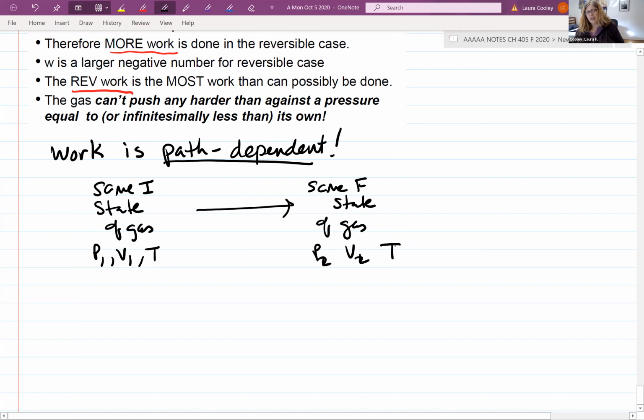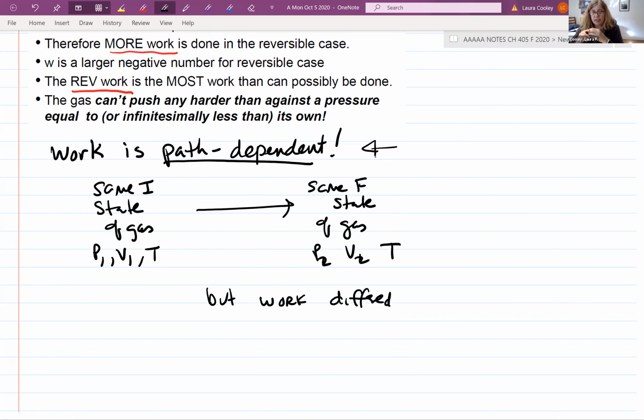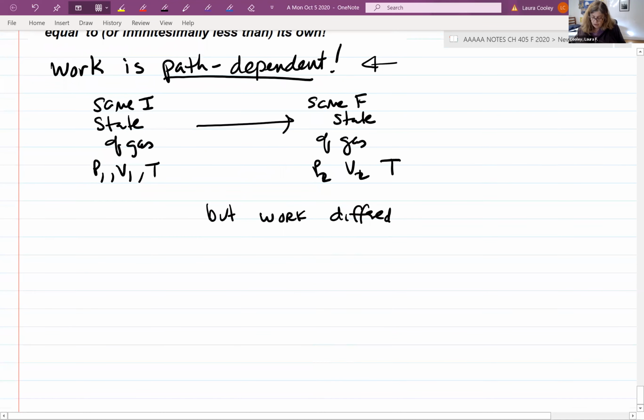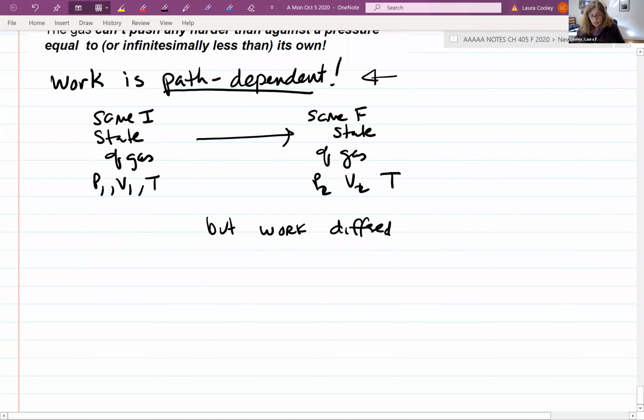But we did a different amount of work, reversibly and at constant pressure. And that's why I say that work is path dependent, because we started and ended in the same place as far as the gas was concerned, but we ended up doing a different amount of work. Okay, so, all right, work changed.